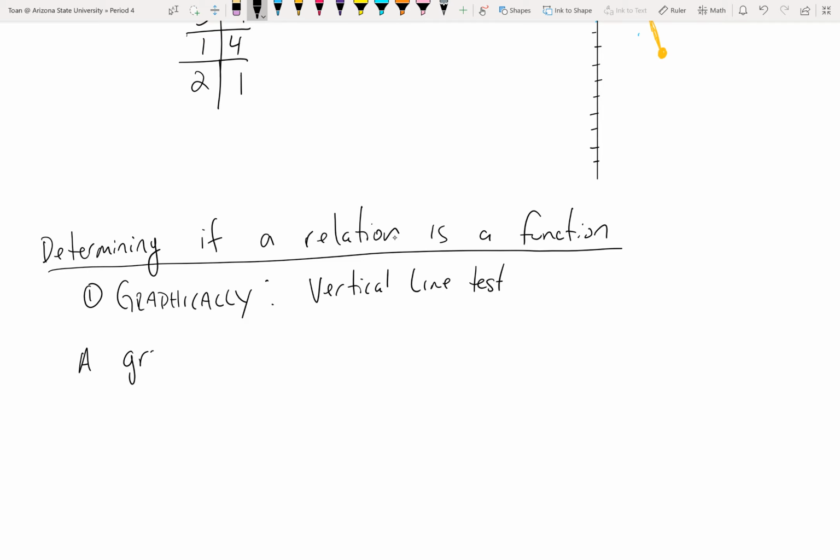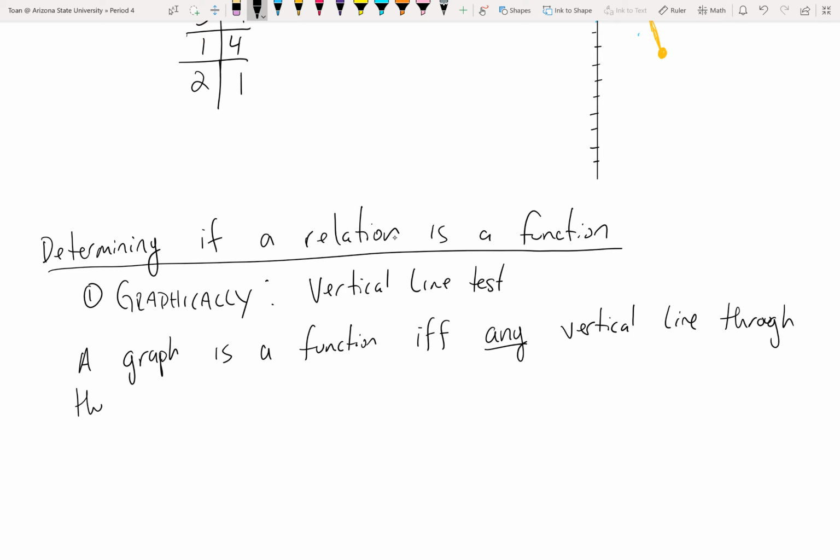A graph is a function if and only if, IFF stands for if and only if, any vertical line through the graph intersects at most once.